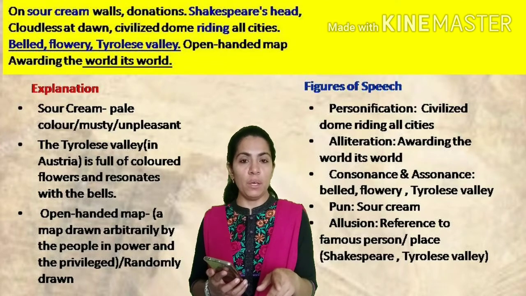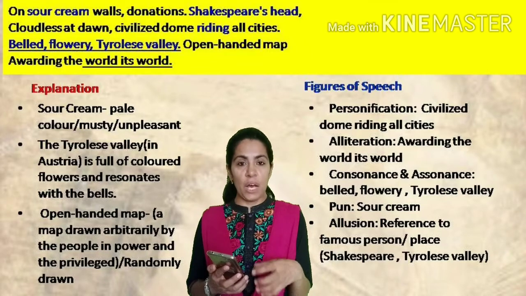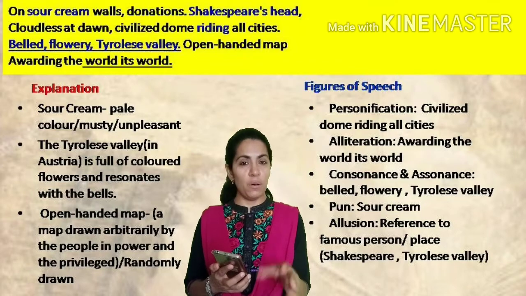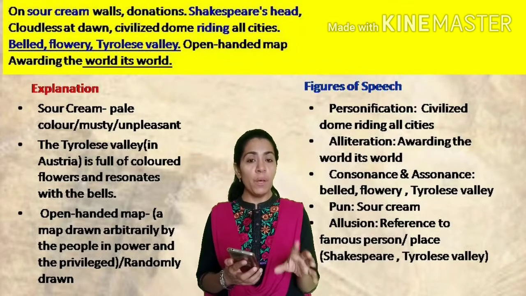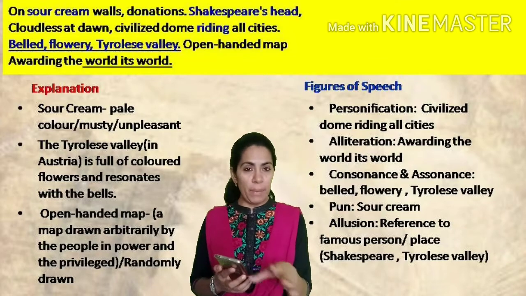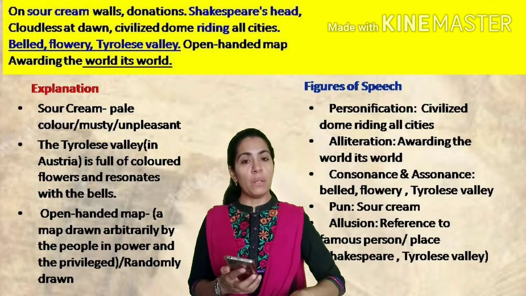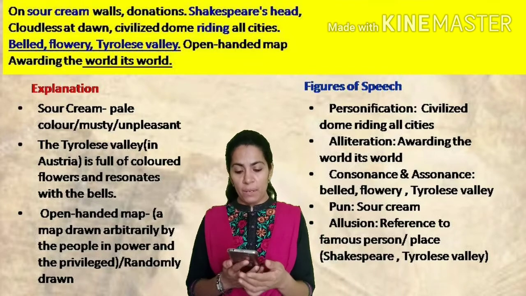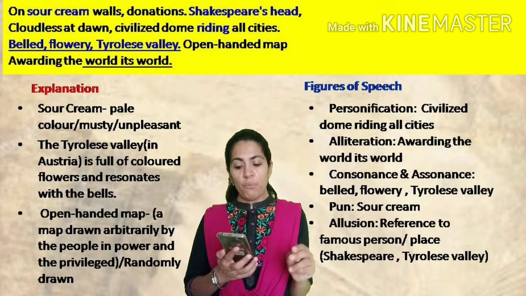It can be something which is out of taste, bad taste, the cream which has turned sour. Or it can be a cream color, no? A pale yellowish dull color, and it has turned rather more pale. So sour cream walls, again a pun.